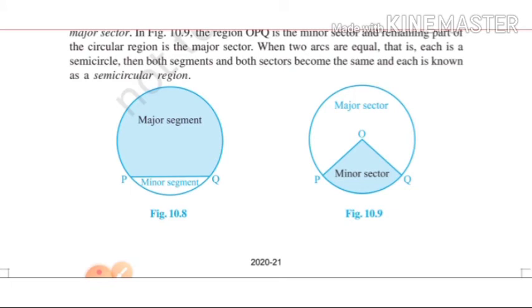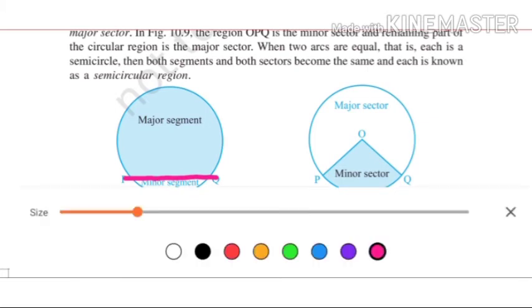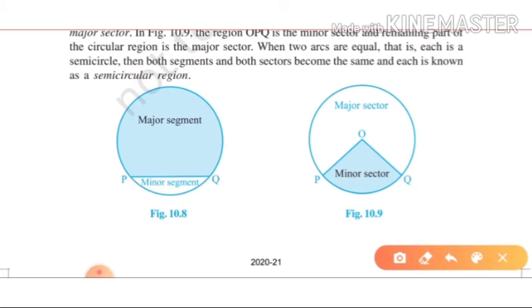Then we'll come to segments. Now remember, if you join the arc PQ, we have a chord. This chord also divides the circle into two different parts.